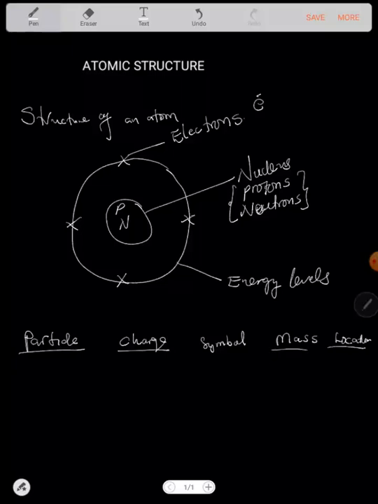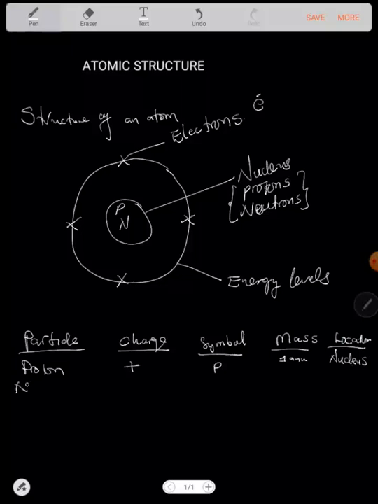It's very important. So the particle, let's start from the proton. What's the charge of the proton? It's positive. Symbol, it's P. The mass is 1 mu. Location, it's the nucleus.